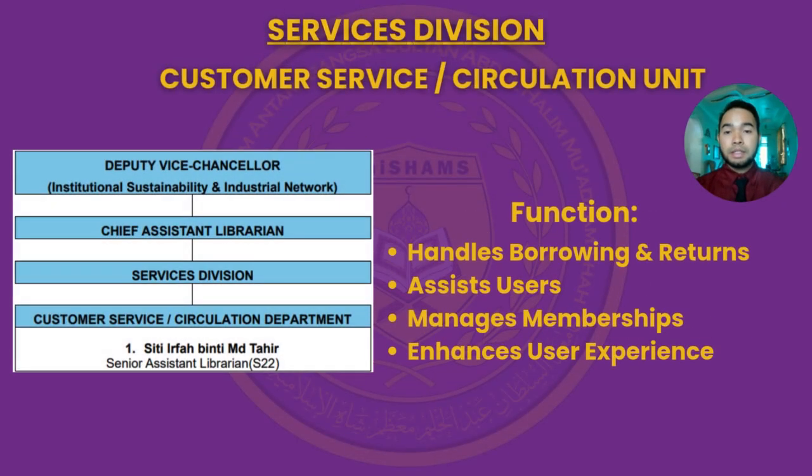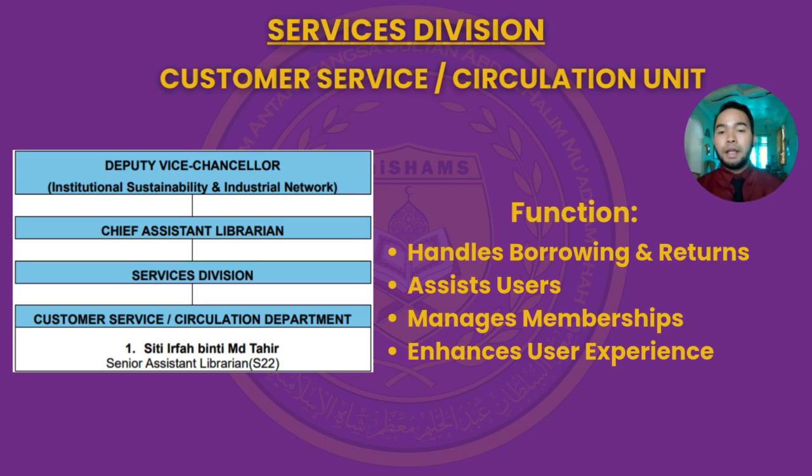The customer service or circulation unit is where students, lecturers, and staff go to borrow and return materials. This department manages the library checkout system, ensuring that books, journals, and other resources are available when needed.